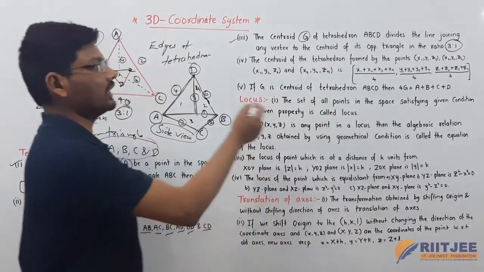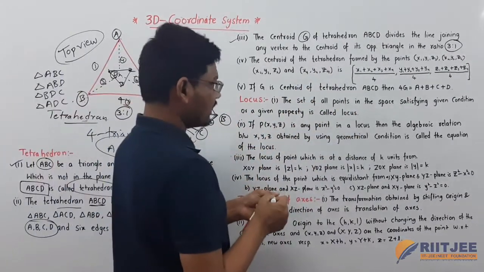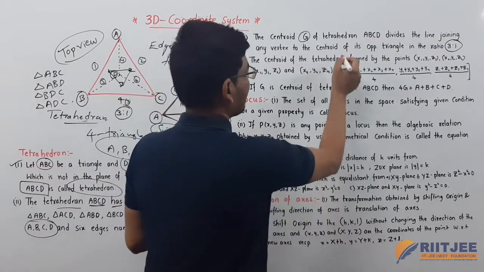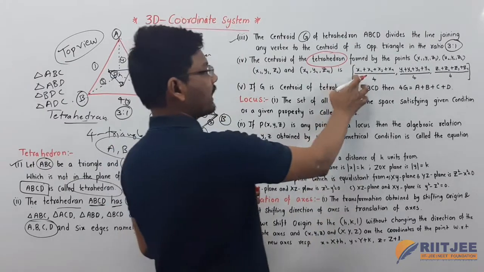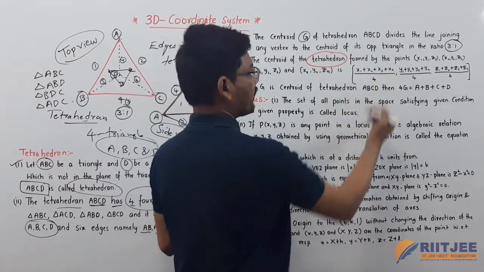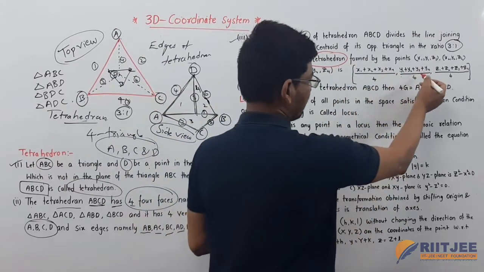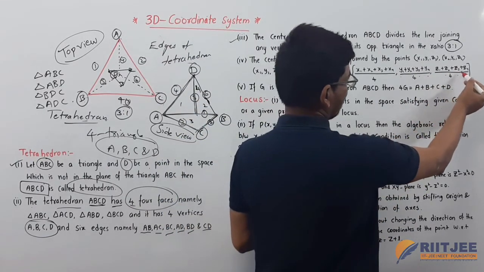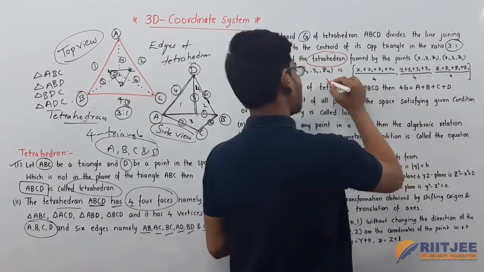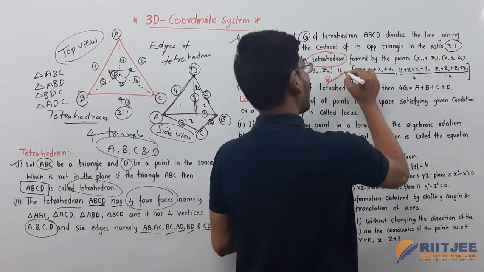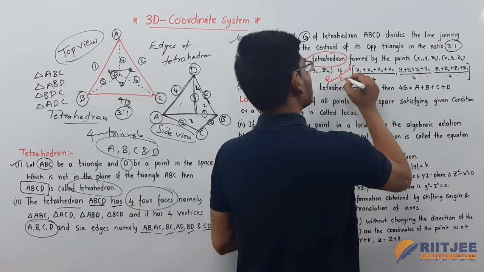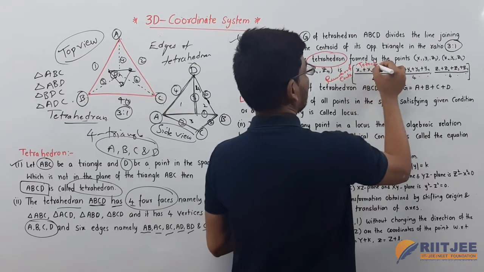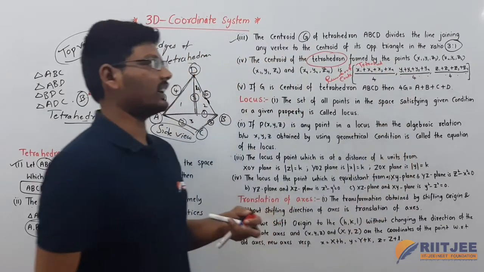Remember the centroid of the tetrahedron: x1 plus x2 plus x3 plus x4 over 4, y1 plus y2 plus y3 plus y4 over 4, and finally z1 plus z2 plus z3 plus z4 over 4. This is the formula of the centroid of a tetrahedron to remember.